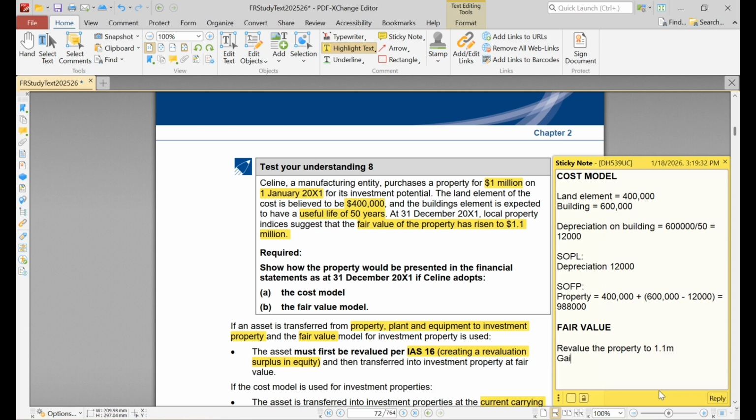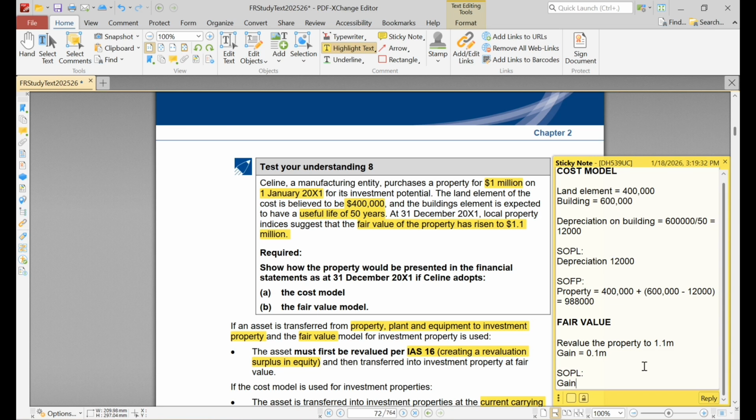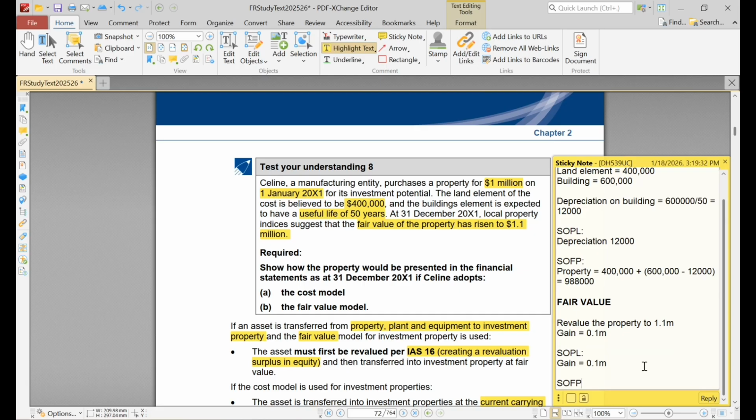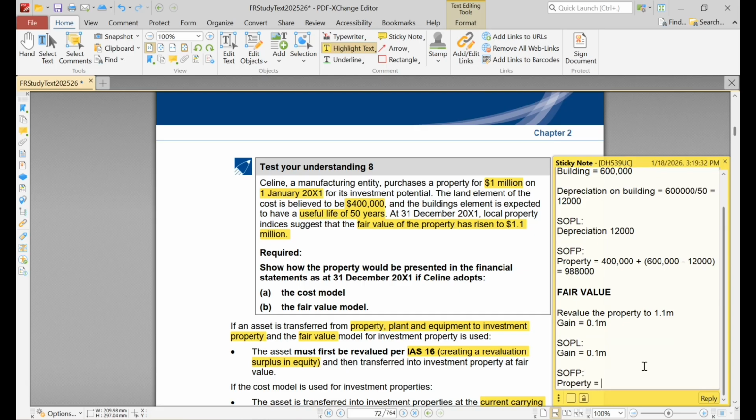Okay, so which means there would be a gain of 0.1 million. Now this gain, because it is investment property and you're recording it at fair value, remember that in fair value model, the gain or loss is recorded in SOPL, not in OCI. So in SOPL, you would record a gain of 0.1 million, and in SOFP, you would record the property at 1.1 million.